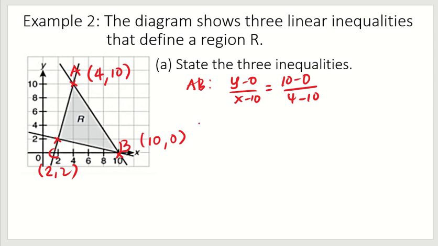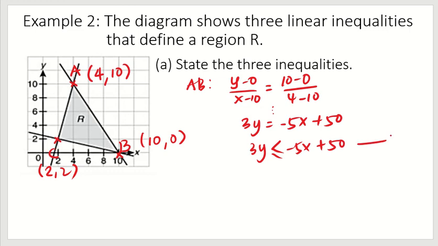Okay, then you continue, do it yourself, then you will get 3y equal to minus 5x plus 50. Okay, then we see the first inequality. This one is going down, so it's less. Less or equal to negative 5x plus 50. So this is the first inequality.